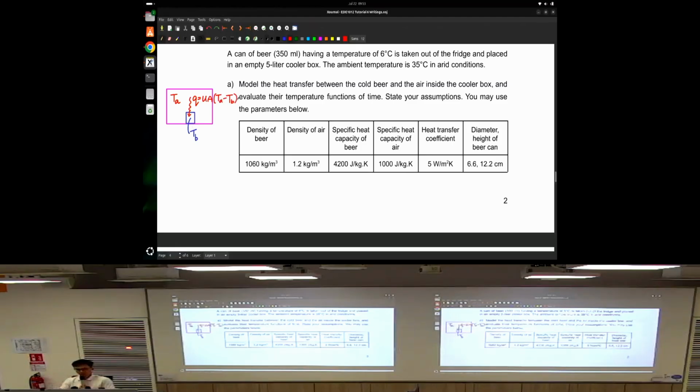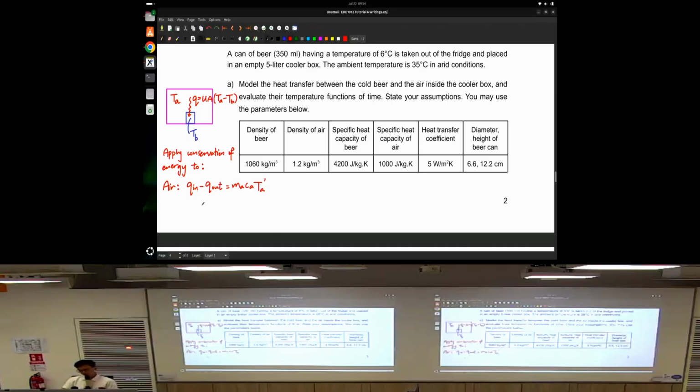Now, if you apply conservation of energy to the air, because the air is going to lose heat, you get Q in, which is 0. So Q in minus Q out equals M_A C_A TA prime, the same kind of equation that we've been using all this while.